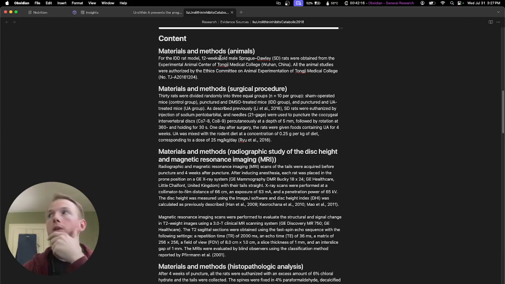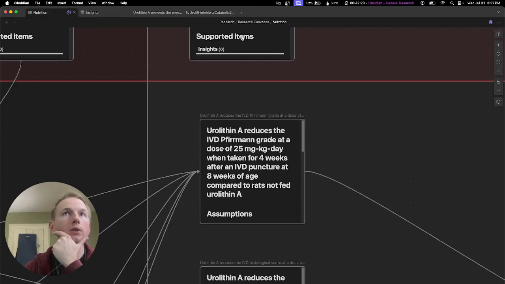Oh, 12-week old. How did I not catch that? These are young mice.